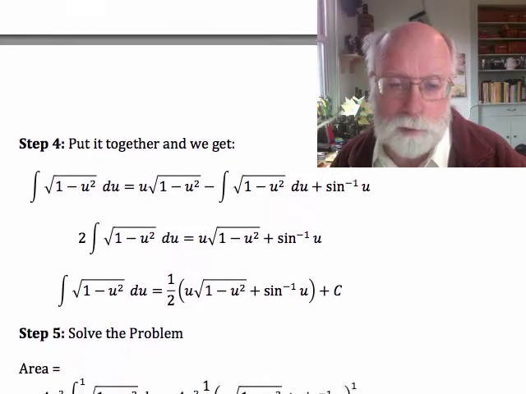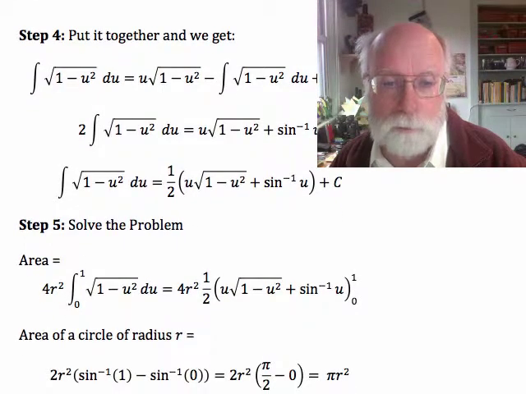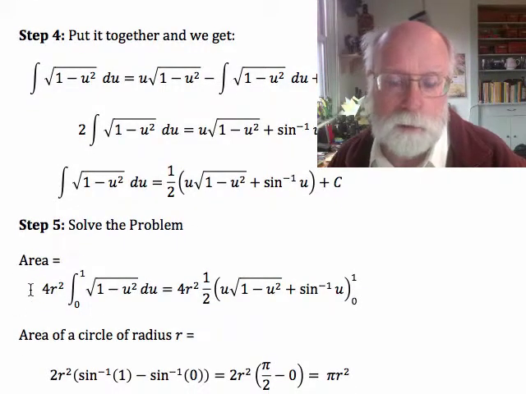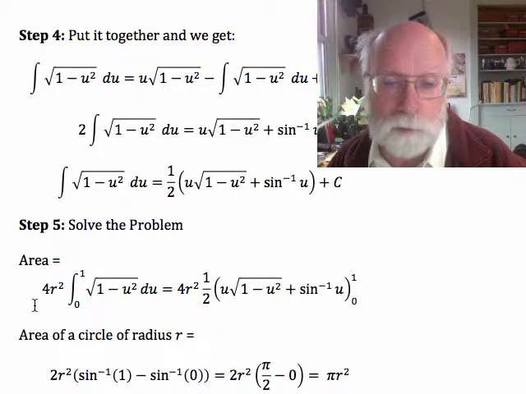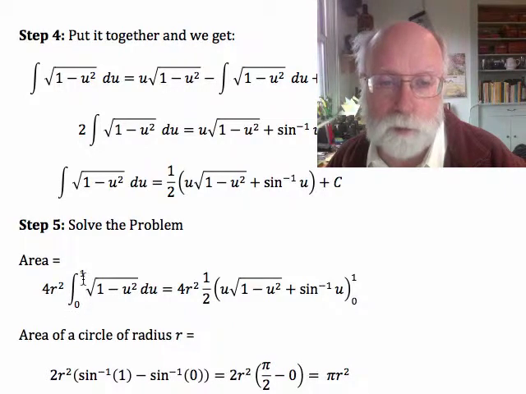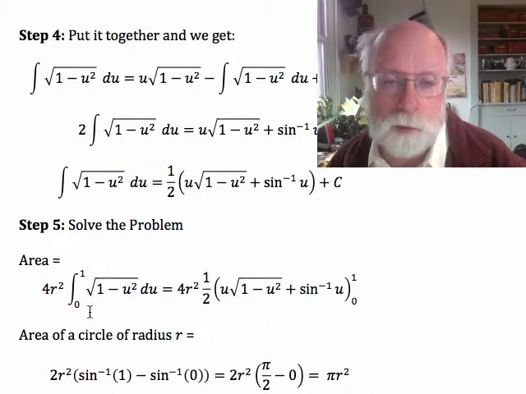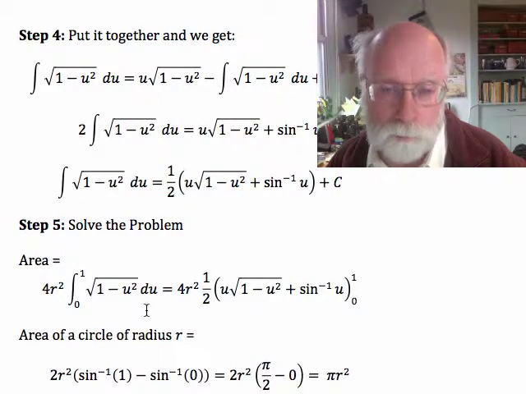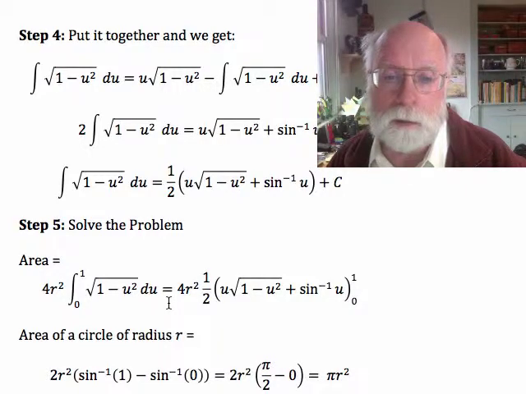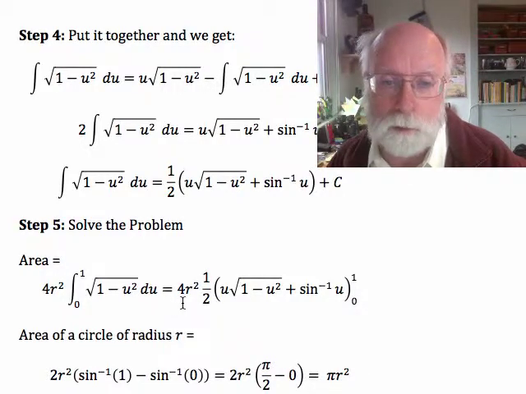Okay, so now let's actually solve the problem. The area at the very beginning we calculated was 4r squared, the integral from 0 to 1, square root of 1 minus u squared du, equals 4r squared.